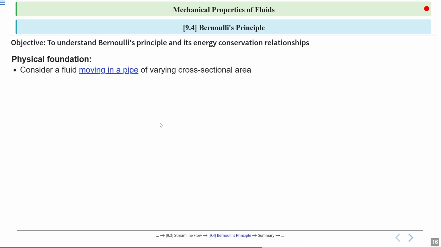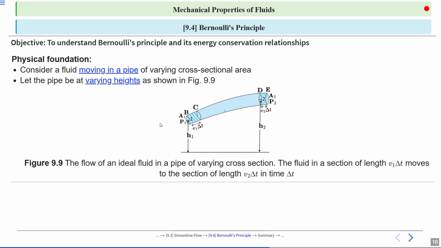So consider a fluid moving in a pipe of varying cross-sectional area. This change in cross-sectional area affects the speed and pressure of the fluid at different points. So here, let the pipe be at varying heights as shown in figure 9.9.